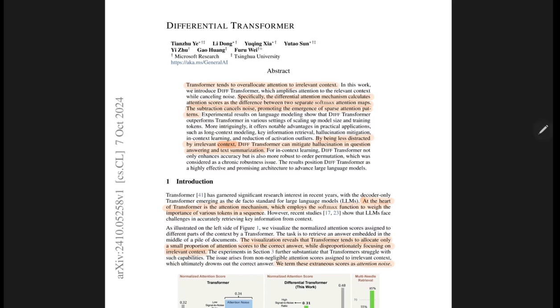So what are they saying? Specifically, the differential attention mechanism calculates attention score as the difference between two separate softmax attention maps. The subtraction cancels the noise, promoting the emergence of sparse attention patterns, right? So by being less distracted by irrelevant context, the Differential Transformer can mitigate hallucination in question answering and text summarization.